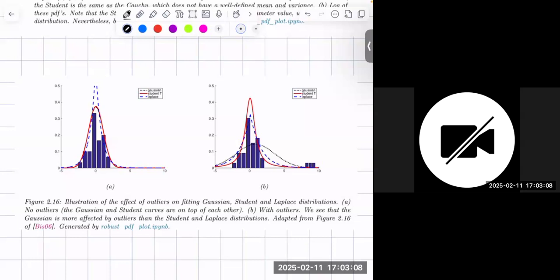And when you look at it, you see the student T, the red one, did not change as much. Okay. But when you look at what happened to Gaussian, you see it was almost looking like the Laplace here. It's hard to see the difference. But here it is rather different. The peak got pressed so much because it's trying to capture the outliers. Okay? Yeah, right.